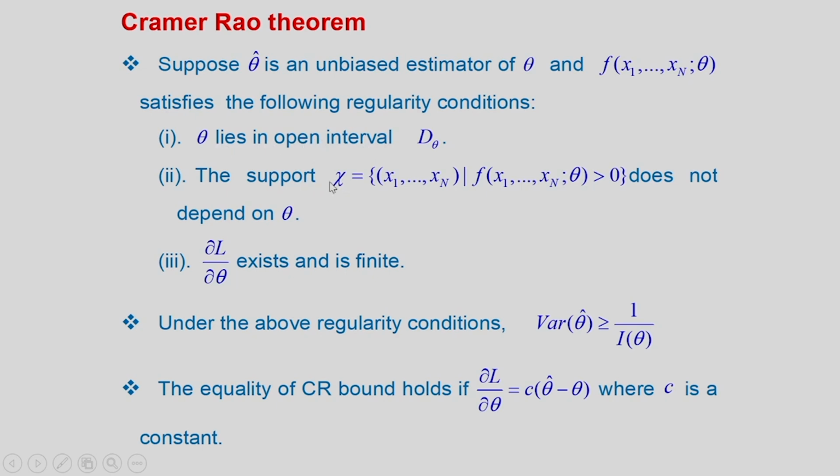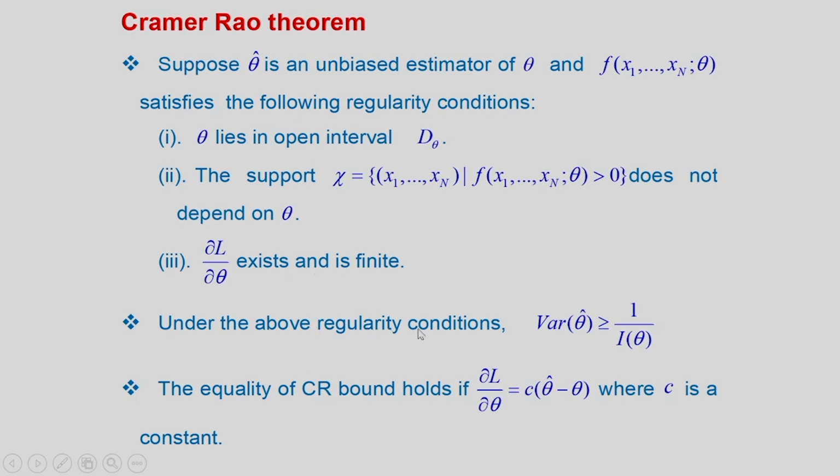The support chi, defined by x1 x2 up to xn such that this likelihood function is greater than 0, does not depend on theta. So, essentially we will be using an integration whose limit of integration does not depend on theta. Del L del theta, the partial derivative of L with respect to theta, exists and is finite. So, these three are the regularity conditions.